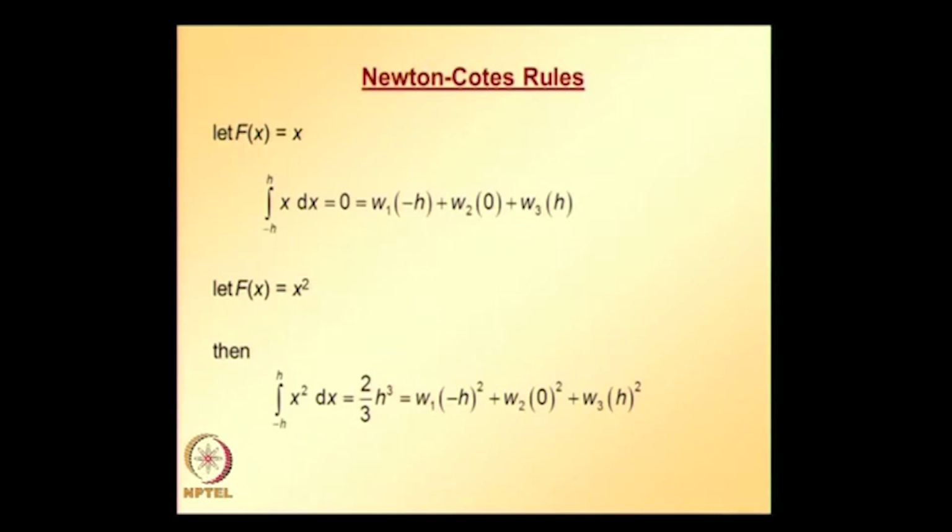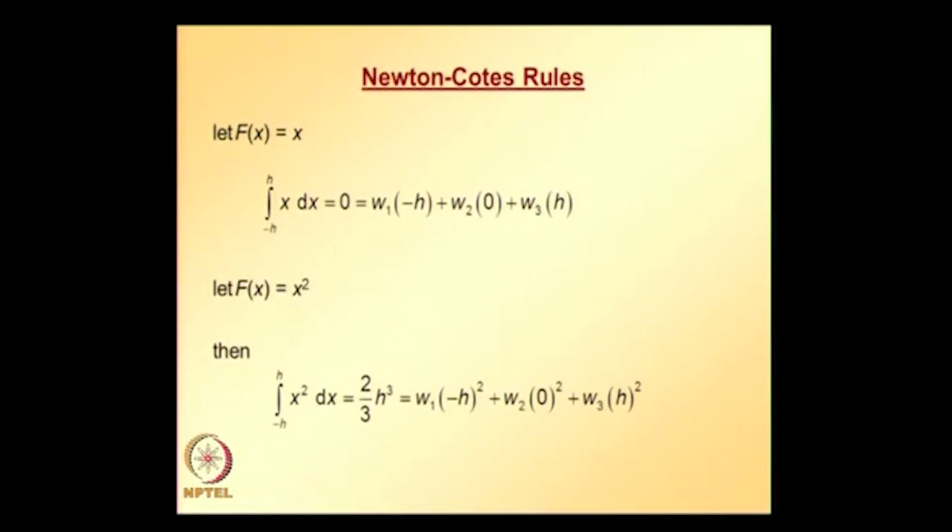So we got 3 equations. Since we need to determine 3 unknowns, we use the conditions f(x) equal to 1, f(x) equal to x, and f(x) equal to x squared, and using these conditions we got 3 equations. We can solve these 3 equations for the 3 unknowns W1, W2, W3.